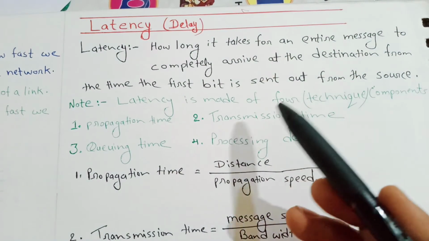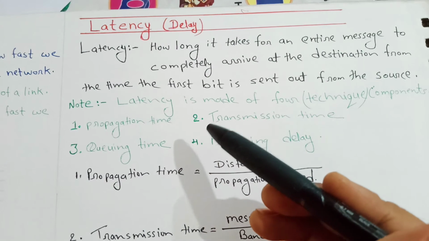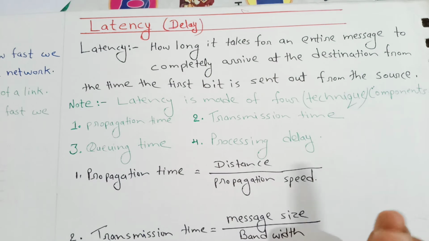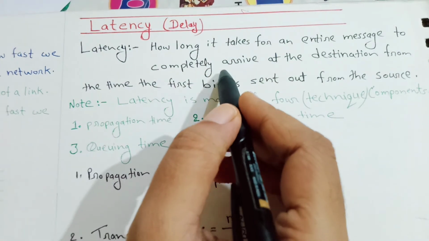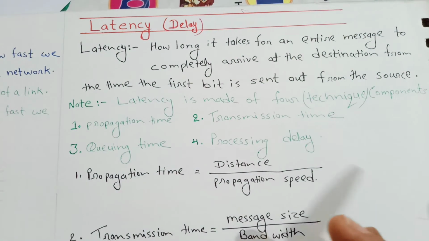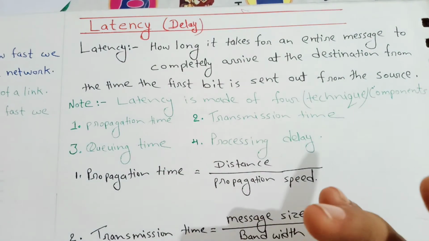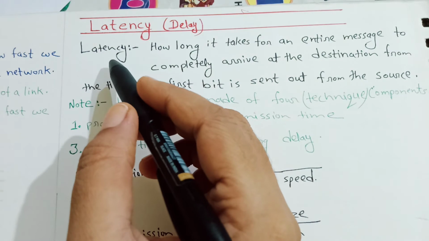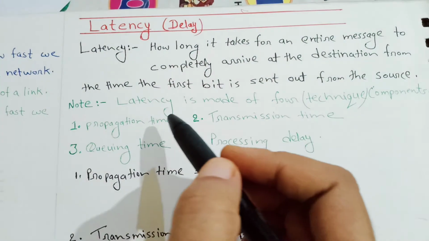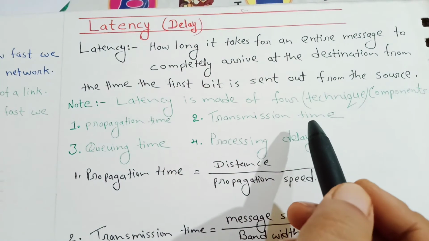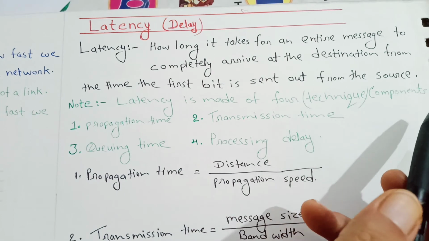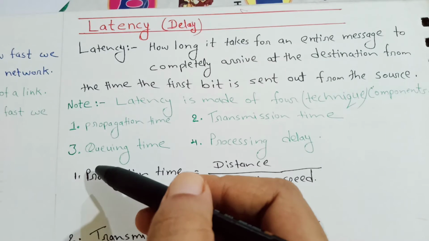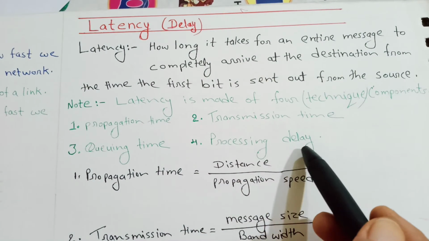When the first bit starts to travel through any transmission medium, from that time to the complete transmission of the data is called latency. Latency is made of 4 components: propagation time, transmission time, queuing time and processing delay.